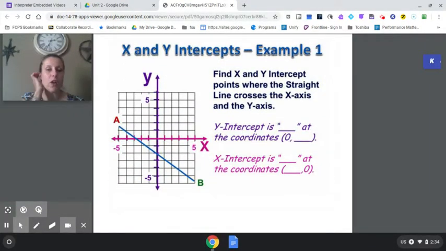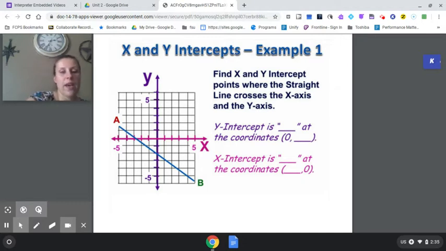Okay, so for our first example, we just want to find the values for the X and Y-intercept, making sure that we can state what the Y-intercept is and what the X-intercept is, but also what the coordinates are. So taking a look at the Y-axis, we need to see where does it touch the Y-axis.